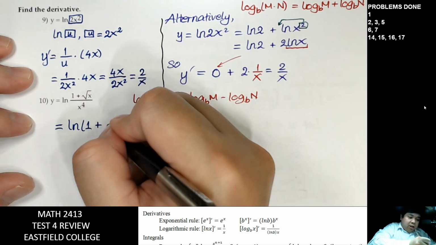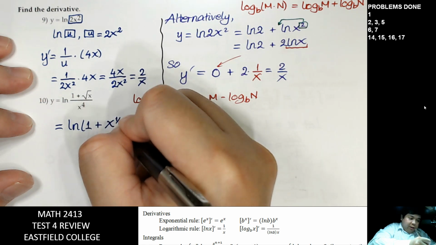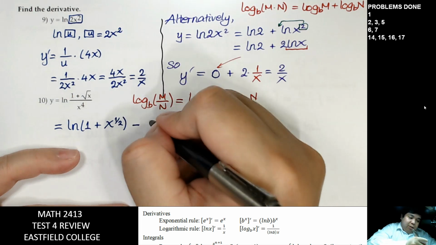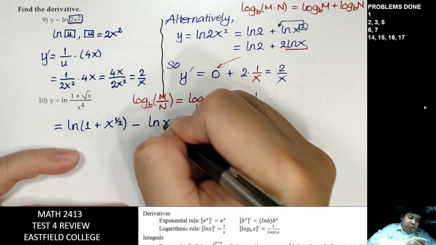I will write that as ln of 1 plus x to the 1/2 minus ln of x to the 4th.